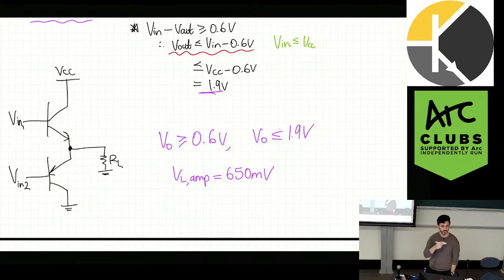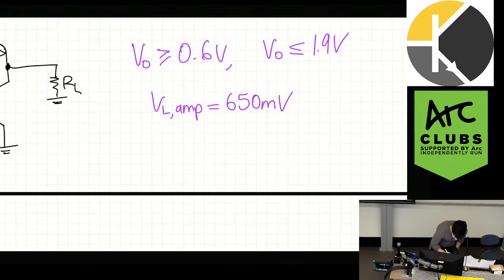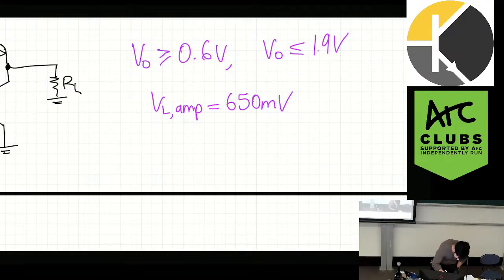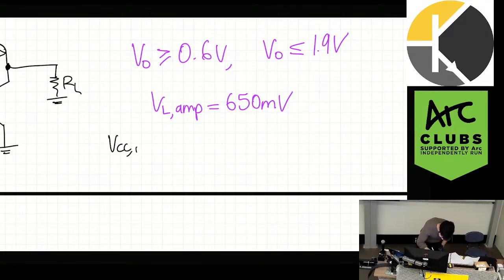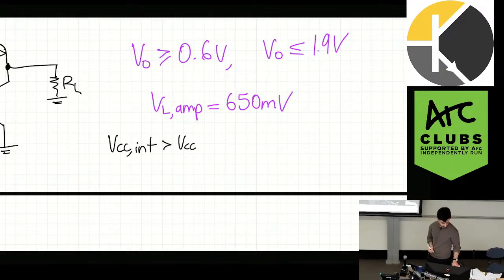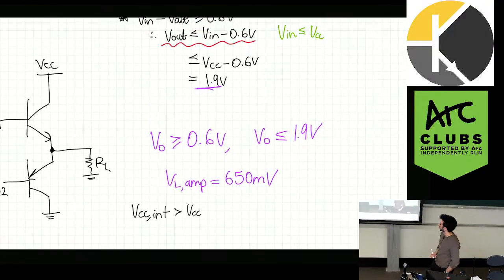Is it so that we can keep V in within certain margins of VCC? Yeah, that's pretty much it. This is really a practical problem. We have to keep it within margins of VCC, and so you'd have to have access to some sort of internal supply voltage, like VCC int, which is greater than the supply voltage of the output.